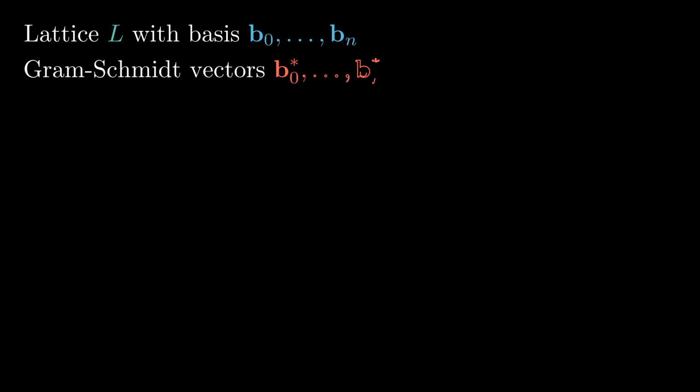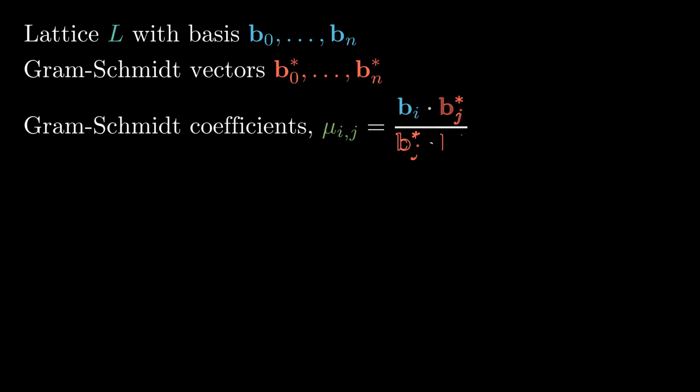We then calculate the Gram-Schmidt vectors B0 star through Bn star. We also keep track of the coefficients that show up throughout the Gram-Schmidt orthogonalization process. These are the projections of the basis onto the subspaces spanned by the Gram-Schmidt basis. We also keep track of the index k of our current working vector.